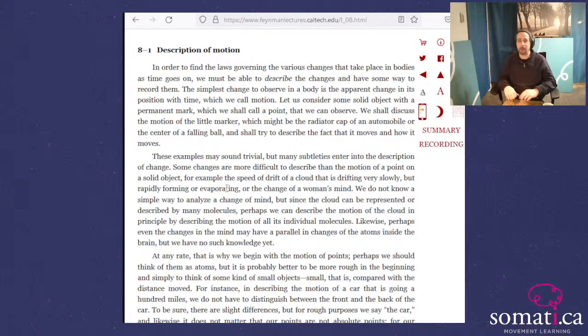The simplest change to observe in a body is the apparent change in its position with time, which we call motion. What a nice statement.